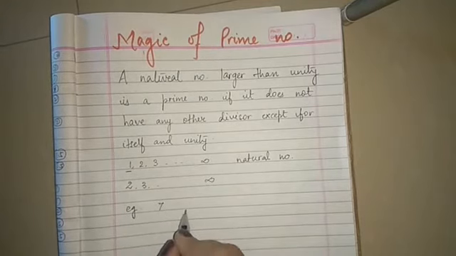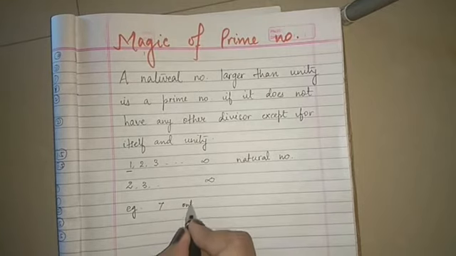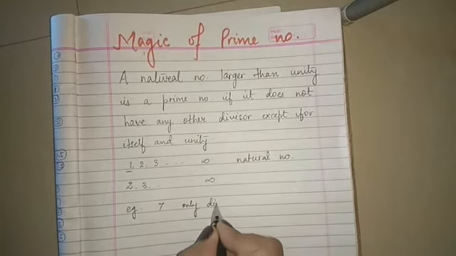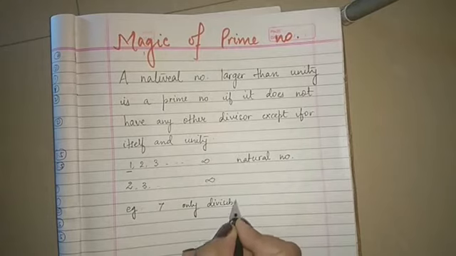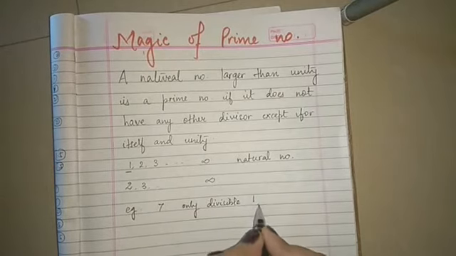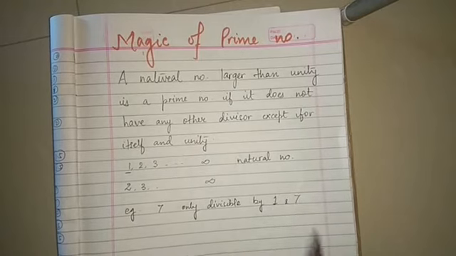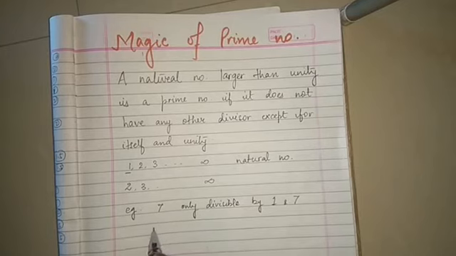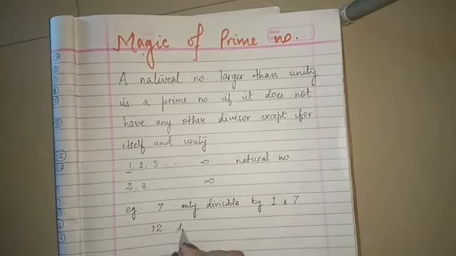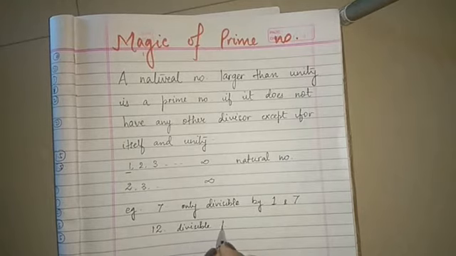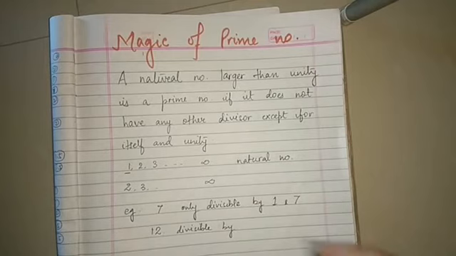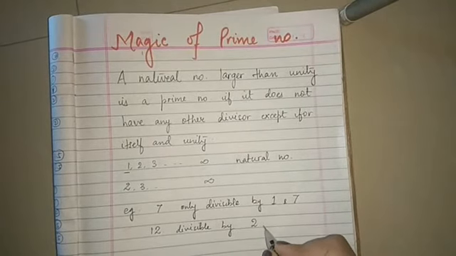7 is only divisible by 1 and 7, so 7 is a prime number. But let's take for example 12. This is divisible by 2, 6 times.